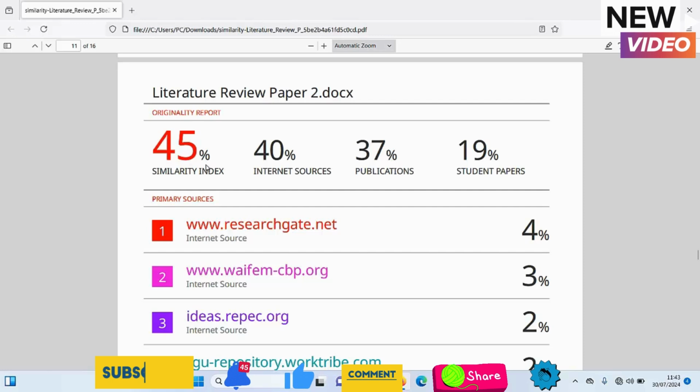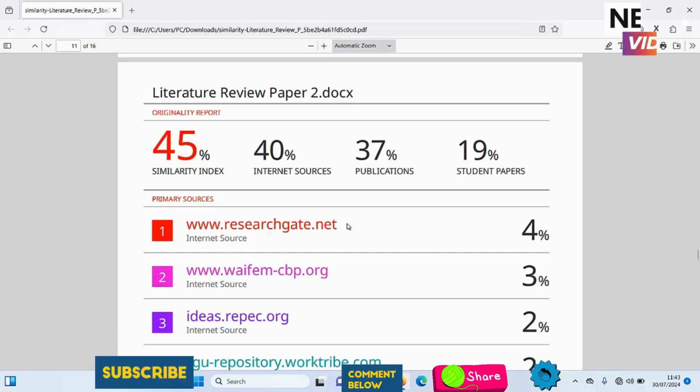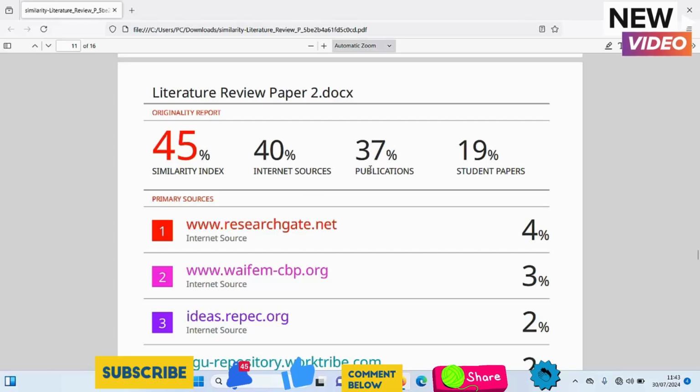But Turnitin does not stop at that. It also provides information about sources of this particular plagiarism. And the sources are categorized into 3. The first is the internet sources, second is publications, and the third is student papers.